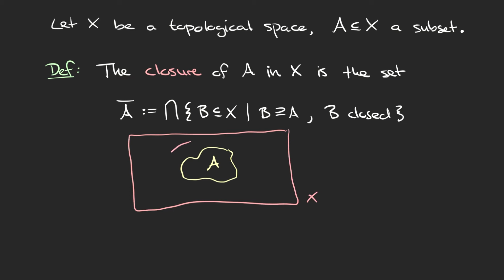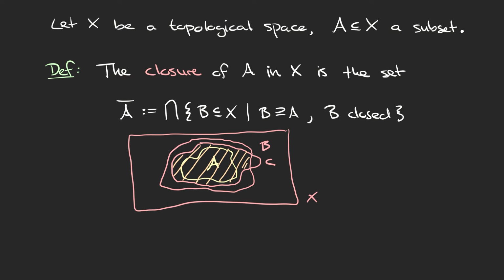But then there might also be a bunch of other closed sets, like this B, that contains A, and then there might be an even smaller one inside here, C, and so on. And now to get the closure of A, we look at the intersection of all of the closed sets that contain A. In our picture, that would be the region I'm shading in now.